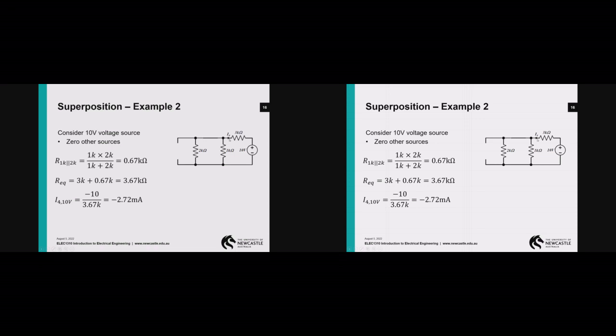Here, I4 is defined as going in the clockwise direction, so we recognise that by putting in the minus sign, to suggest that actually the current is going in the opposite direction to what I4 indicates. So it's minus 2.72 amps.